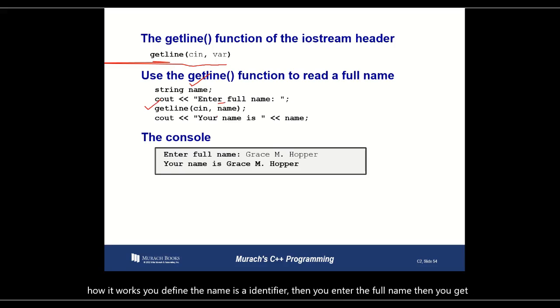Whatever you put together on a single line, you read it using getline. So you enter the full name as Grace M. Hopper, and you read the entire Grace M. Hopper, and you see that name is set as Grace M. Hopper. So you are reading the entire line. You don't go string by string.